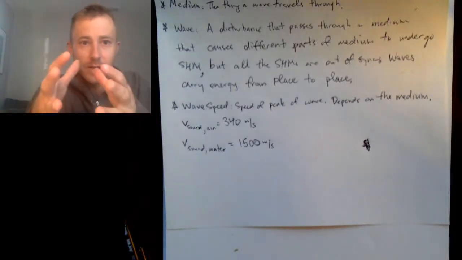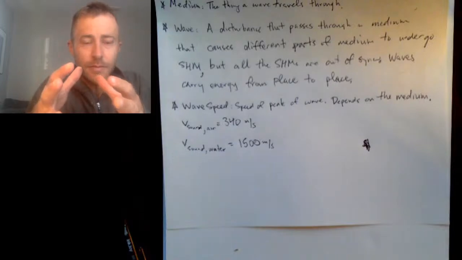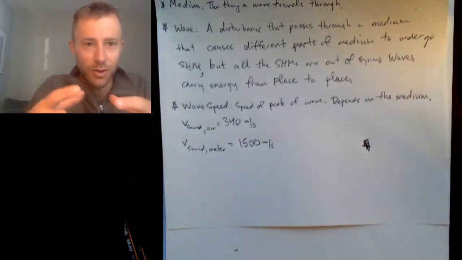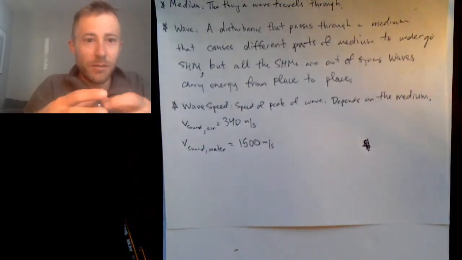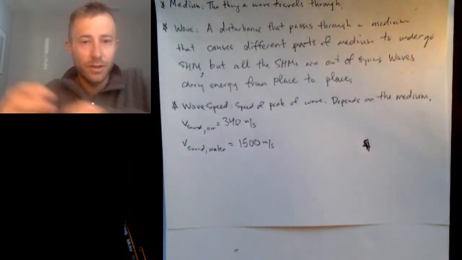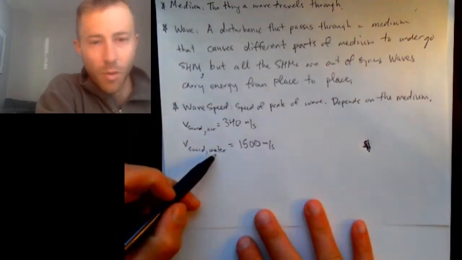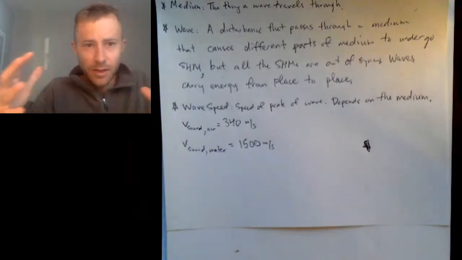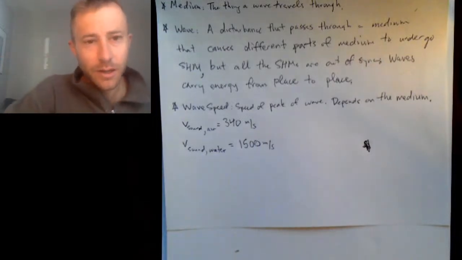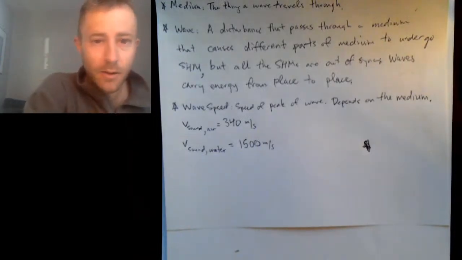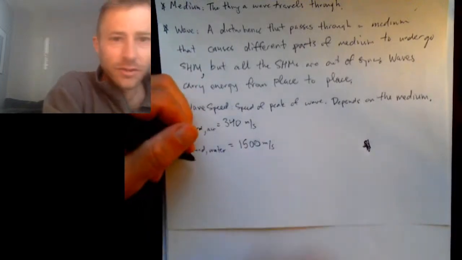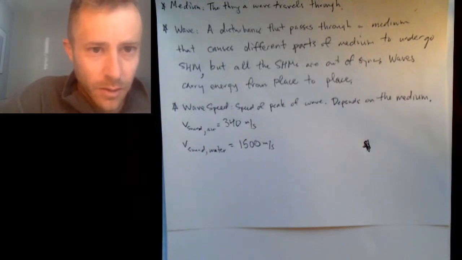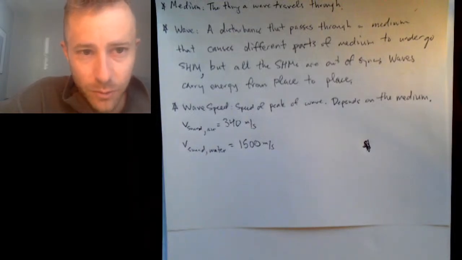Part of the medium gets compressed, and then the medium doesn't like that because it puts stress on the medium, so the medium passes it on to the next location. Water really doesn't like to be compressed, so it passes on that compression to the next location really quickly. So the stiffer the medium is, the faster waves will usually travel through it.